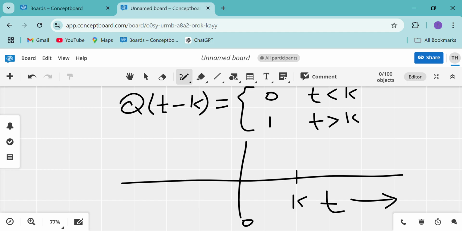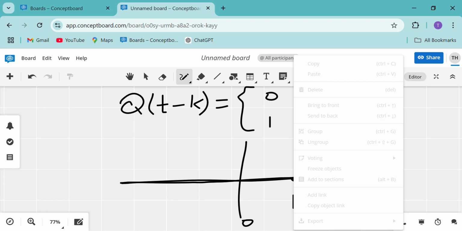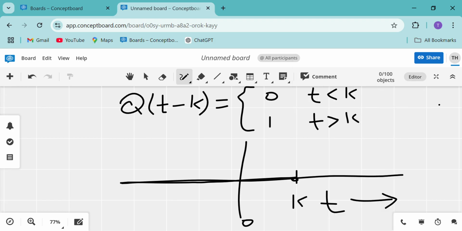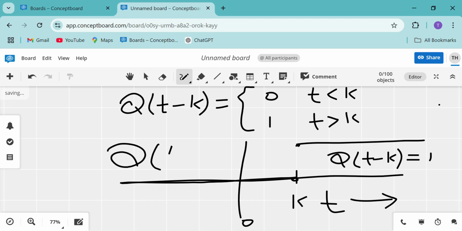When our time is less than k, our function will be equal to 0. When we jump from k, then our function will be equal to 1. Here u(t minus k) is equal to 1, and here u(t minus k) is equal to 0.